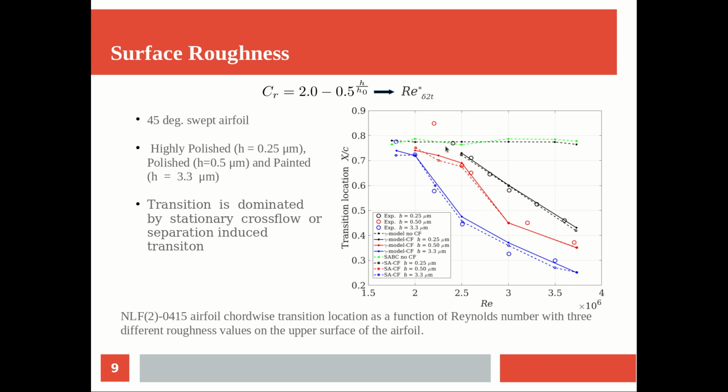This horizontal line is for the fully turbulent models, Spalart-Allmaras and SST k-omega, and they don't detect transition at all. For these three cases, as roughness increases, the transition moves, and the turbulence model predicts the place of transition very well and very reasonably.